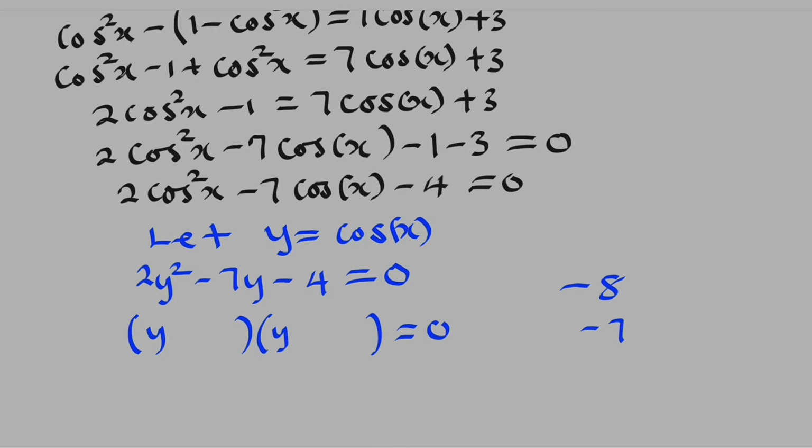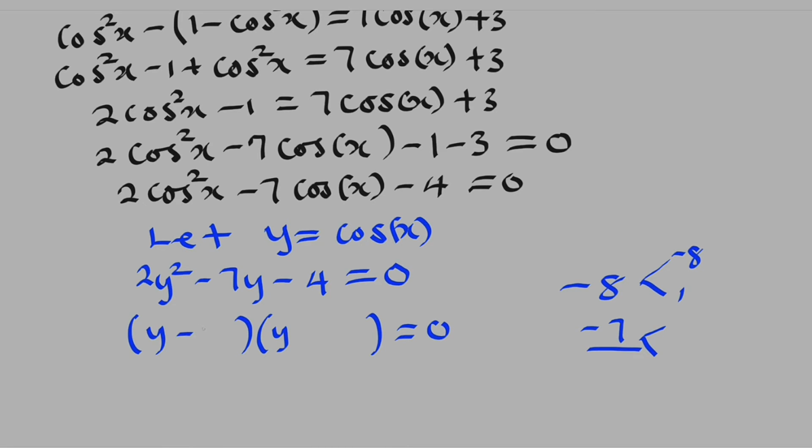So we're going to think of two numbers, which when we multiply them together, we get negative 8, and when added up together, we get negative 7. The numbers are negative 8 and positive 1, because if you multiply them together, you get negative 8, and when added up together, you get negative 7.